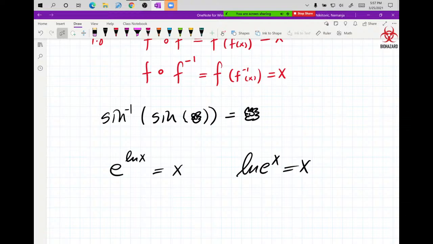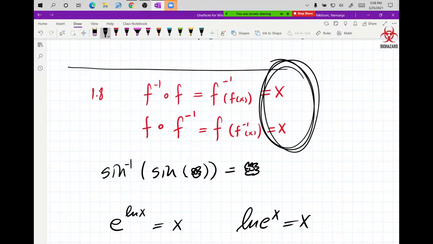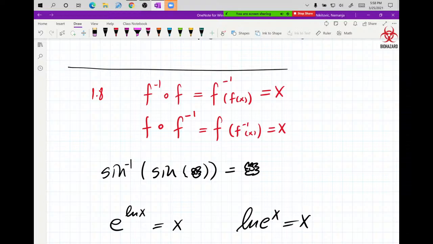And we use this to solve equations, sure. But ln and e are inverses of each other. So when you combine them in any way, you will get x, because that's the rule for all functions, not just linear or trig. For all functions ever.